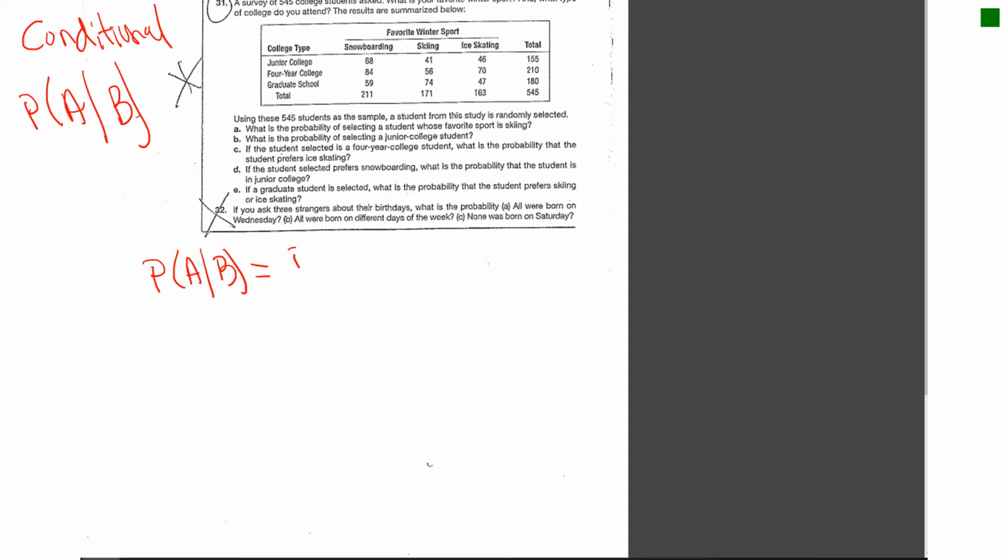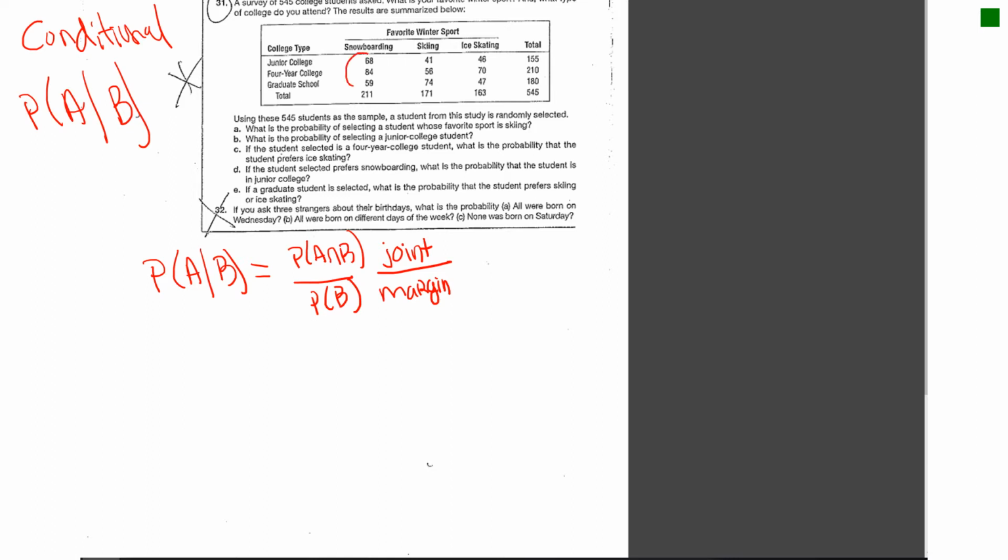The basic idea is you take an intersection, A intersect B, and you divide by the probability of B. Now, I want you to label the numerator of this formula a joint probability, and the denominator a marginal probability, or just margin. So think of the basic idea of conditional probability as a joint probability divided by a marginal probability.